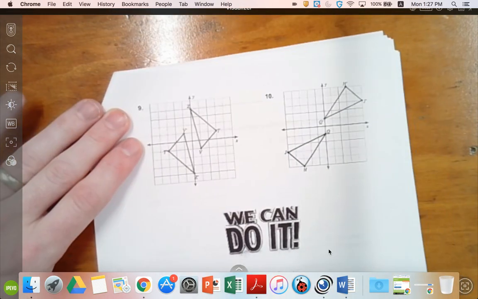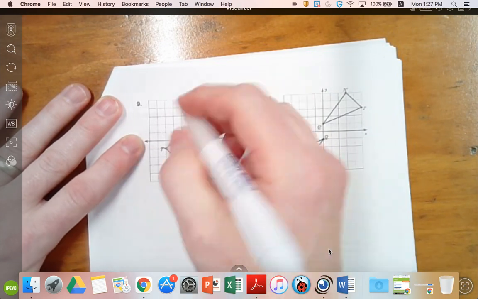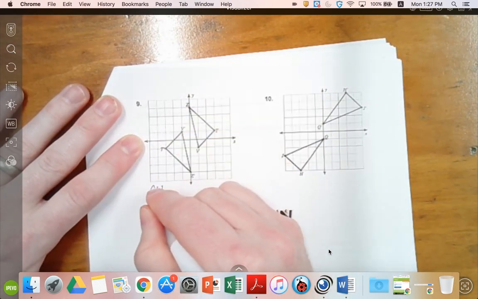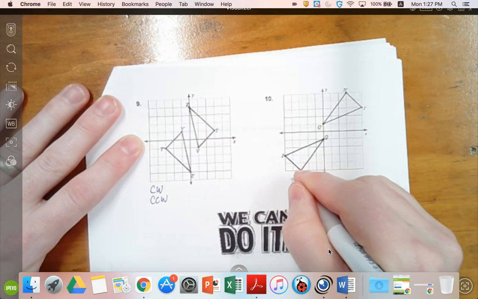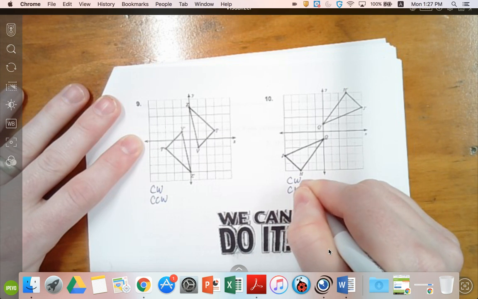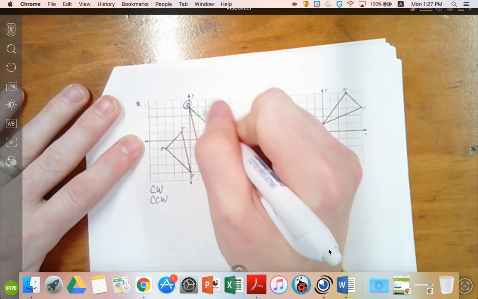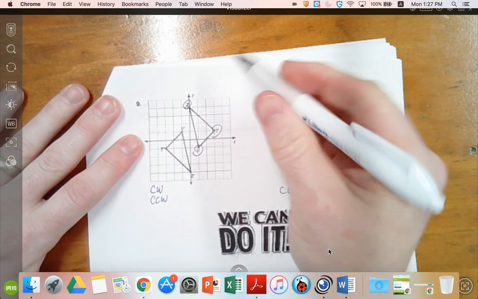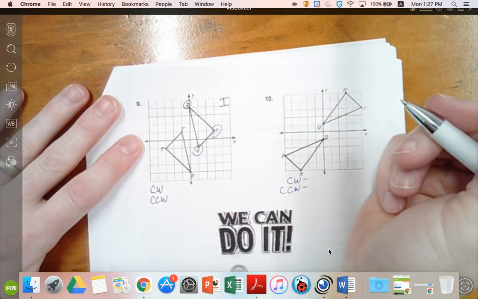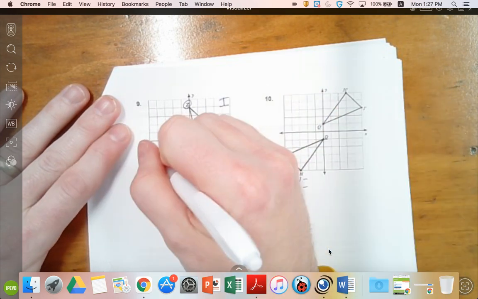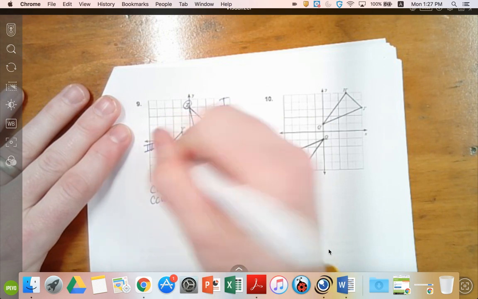Okay. Number 9. How did I move clockwise and counterclockwise? Same thing here. So this is my original. So I'm in quadrant 1, and it looks like I'm ending up here in quadrant 3.